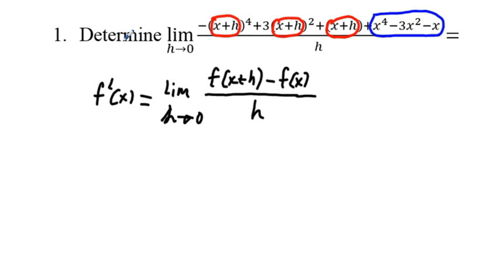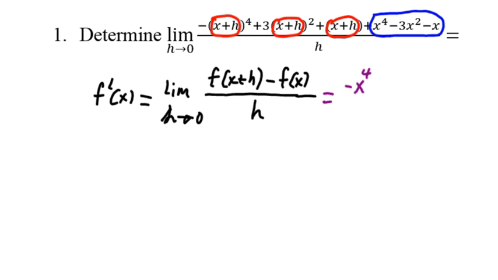So our f prime of x is going to be this negative, this x plus h is just going to be negative x to the fourth power. It's not going to be f prime of x.